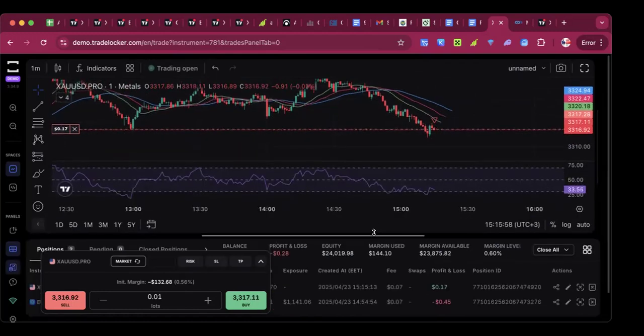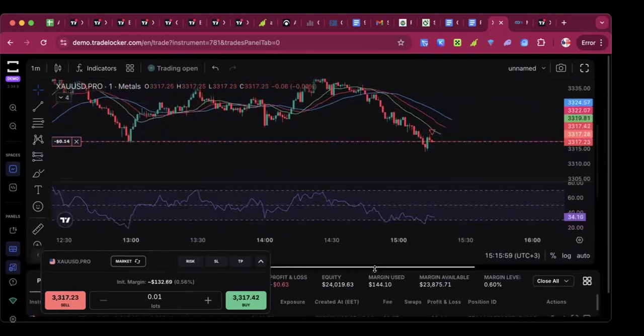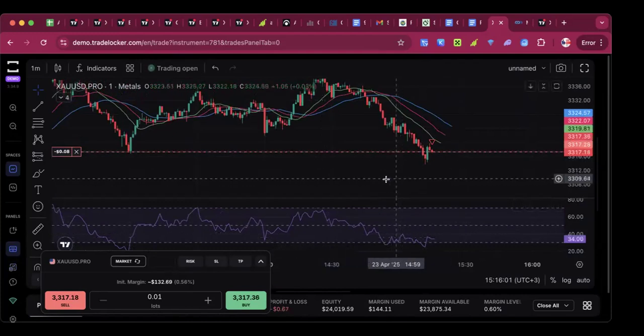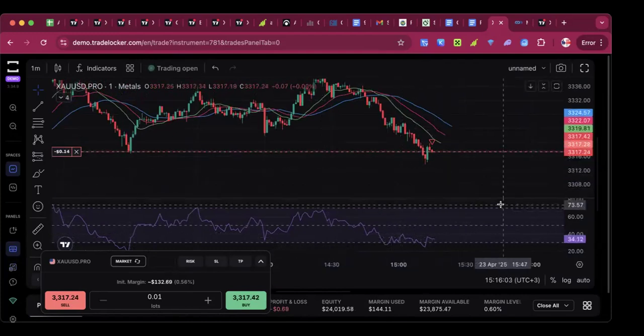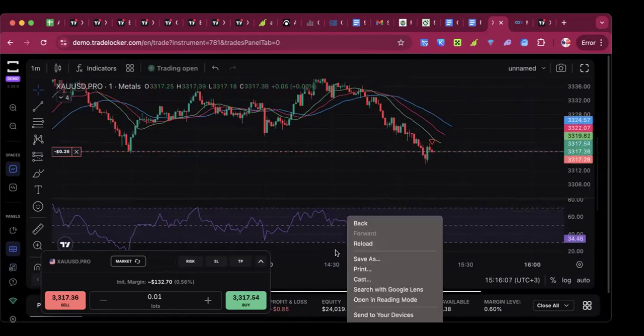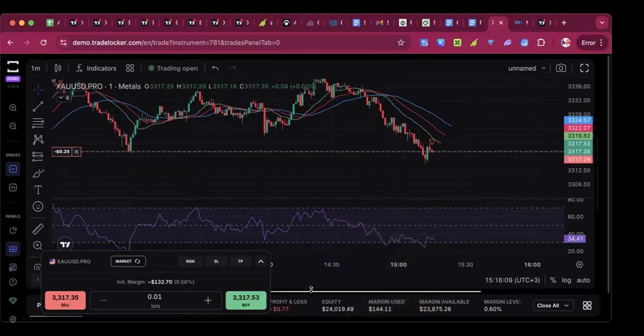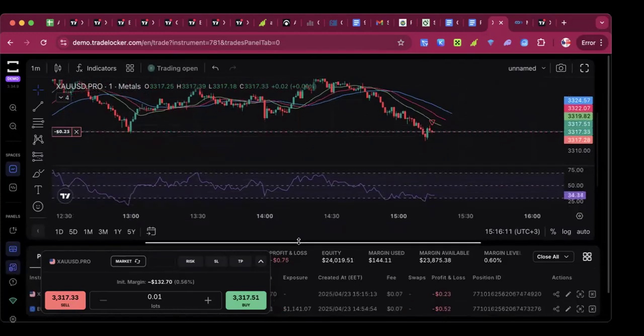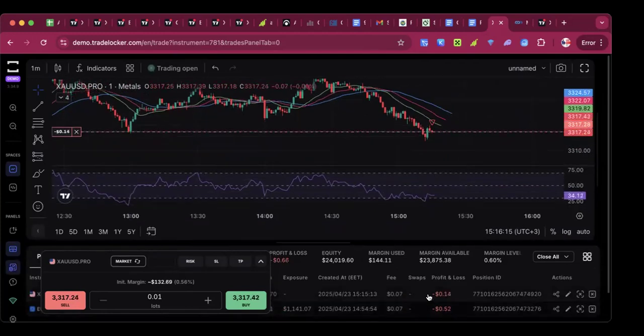Because if you look at it here, the gold, right? So probably once it's in profit, I can just manually close it. I'm waiting. Once it gives me profit, I can close it manually.